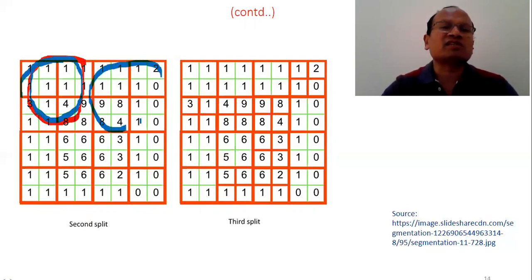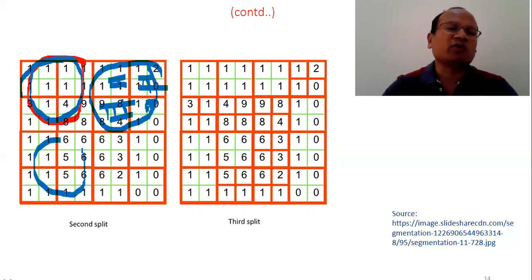Again, you see here, this has been divided into 4 parts. This is the first part, this is the second part, this is the third part, and the last one is the fourth part. So these are quadrants. Similarly, here there are 4 parts, and again 4 parts.